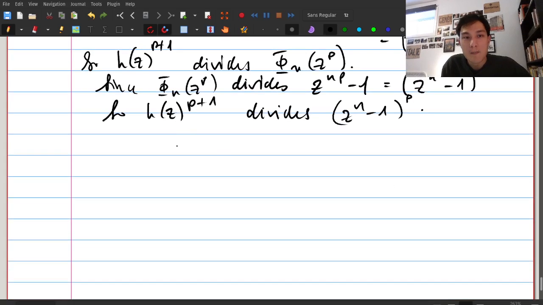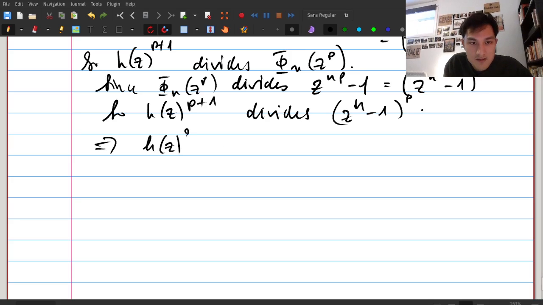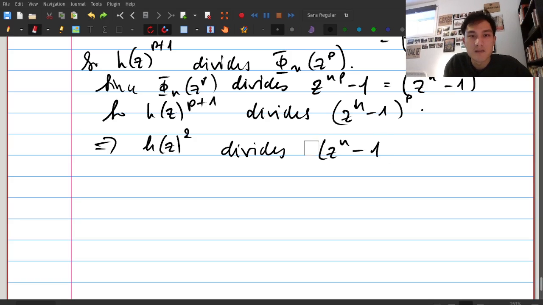Now because h to the p plus 1 divides this polynomial, to the p times, that means you can't actually have this unless, and so this implies that h squared divides z to the n minus 1. I don't really need the brackets, because it's not to the p anymore.